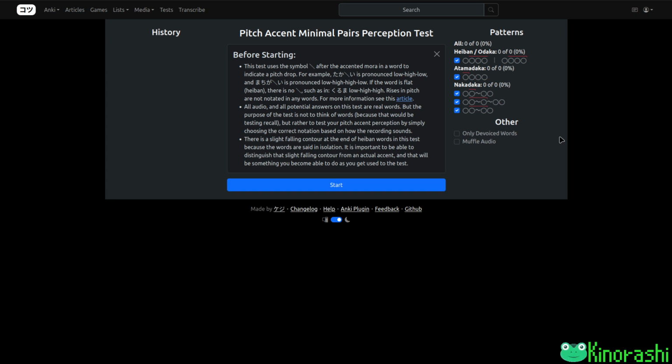But for these other forms, it's using, see, plain: iu, 言う.